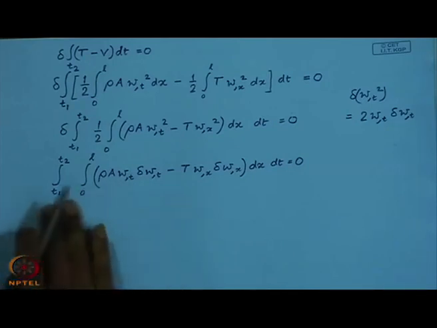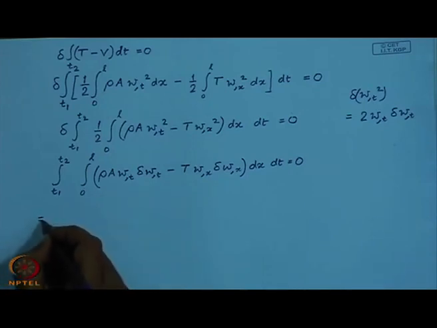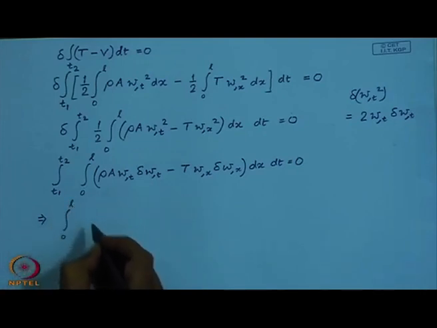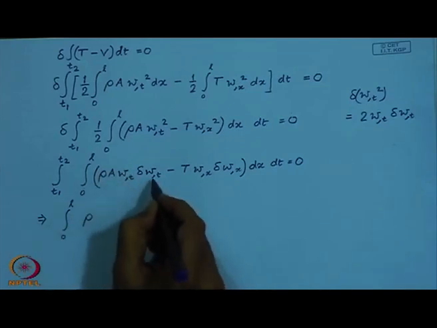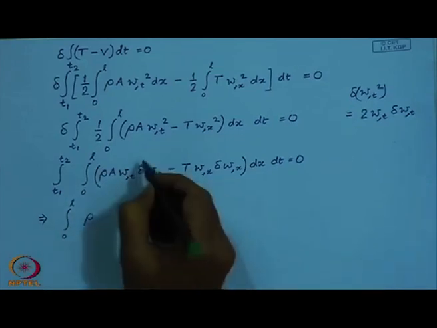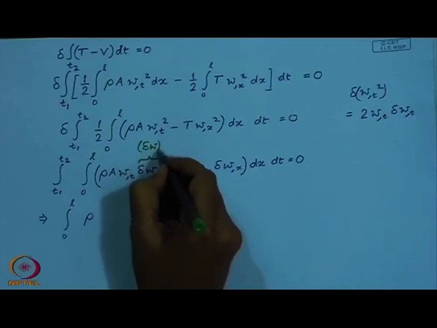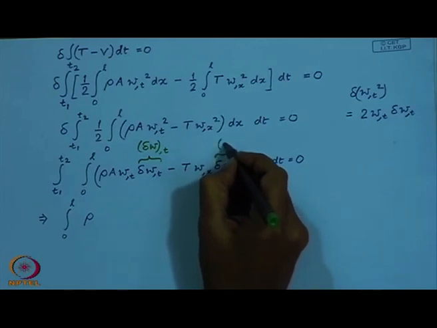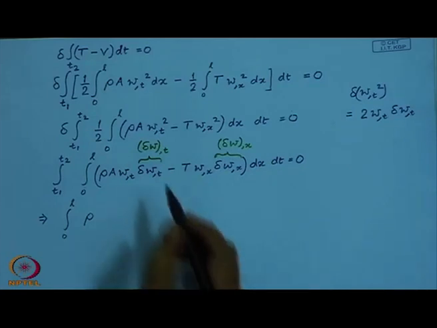So, if I do that and I assume that this integral will commute, then I can write, so I will take this as the first function, and here this is nothing but these expressions.